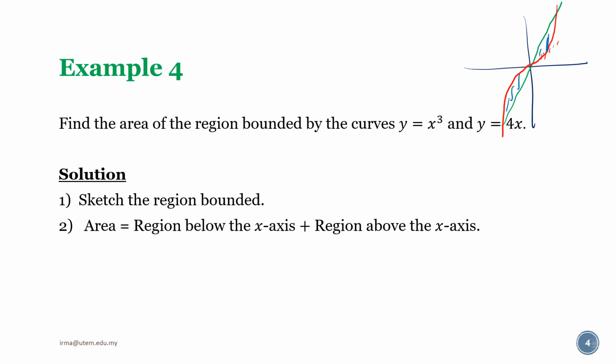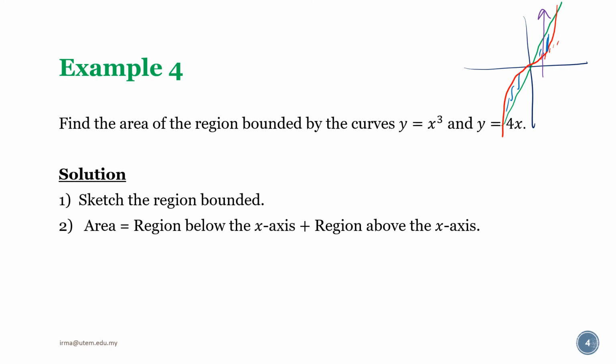As I said just now, if you draw a straight line parallel to the y-axis, the green line will be bigger than the red curve. But if you go over here, the red curve will be larger than the green line. So that's why you need to put it into two parts.